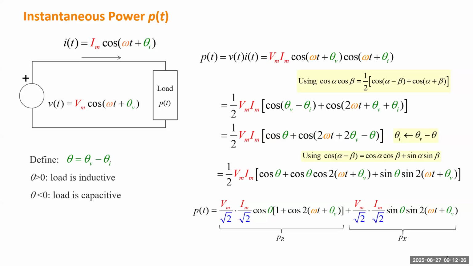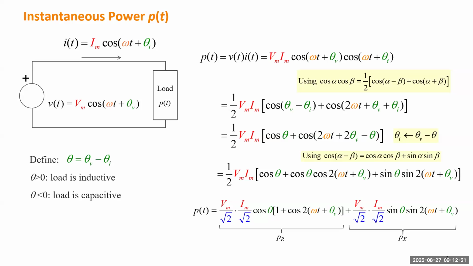For this expression, we want to use the RMS value, the root mean square value, for voltage and current, because they are more meaningful values related to power. This complex expression also involves the angular frequency of this AC circuit and the voltage angle, which is relative to the revolving reference.